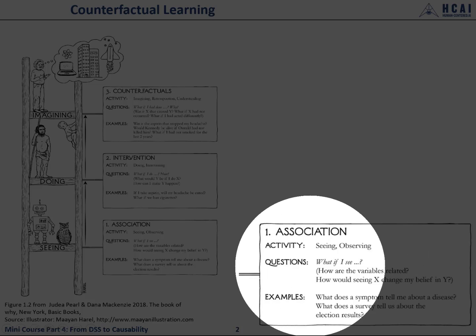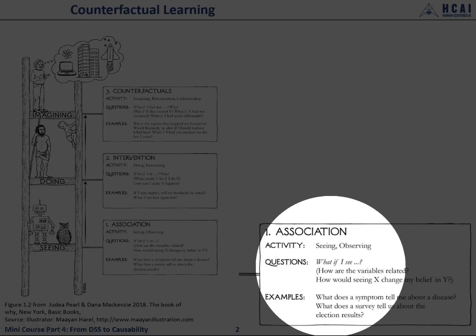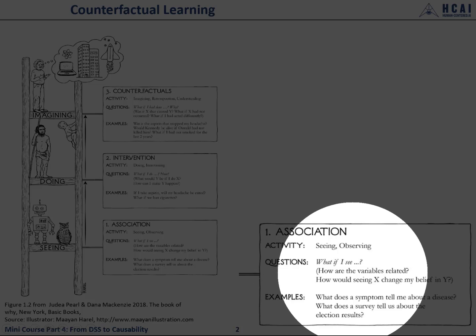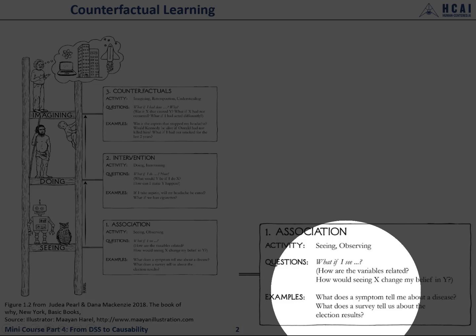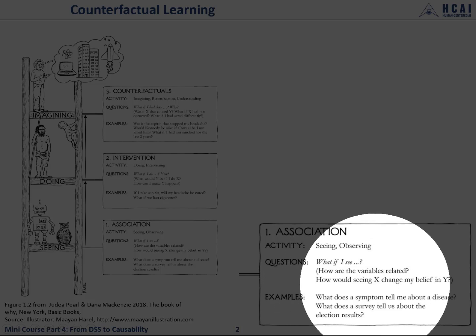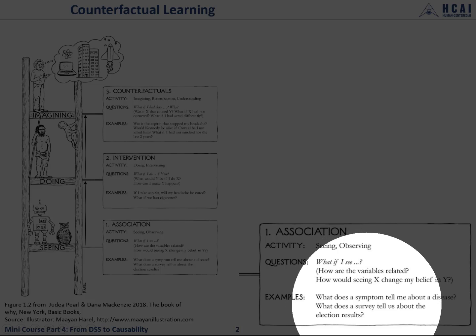And the question is, what if I see? How are the variables related? How would seeing X change my belief in Y? And typical examples are, what does a symptom tell me about a disease? What does a survey tell us about, for example, election results?